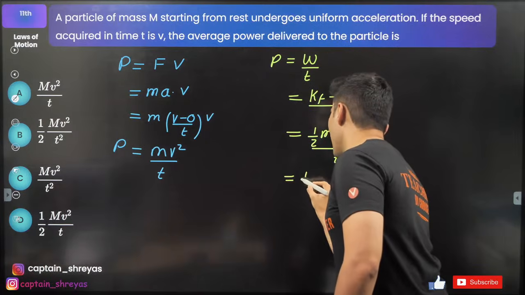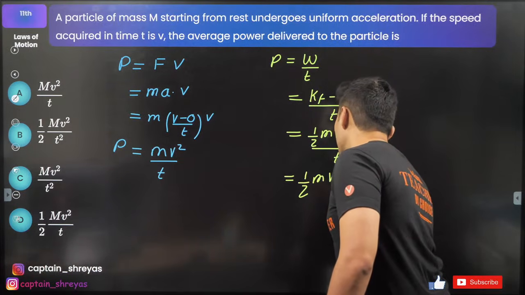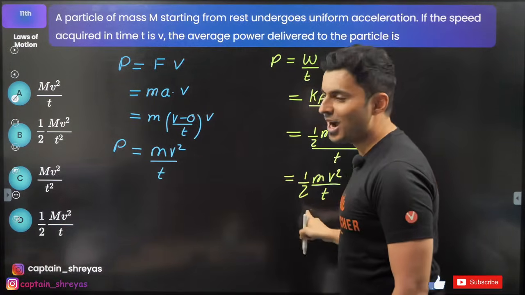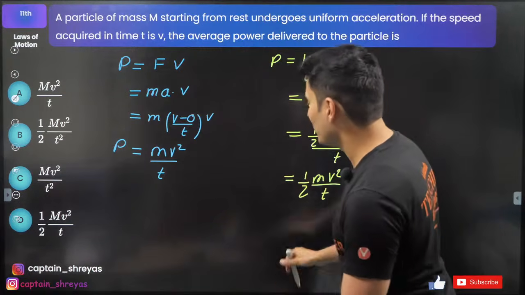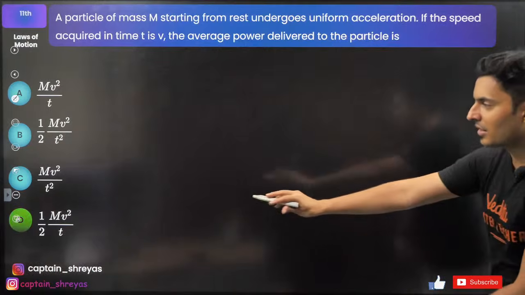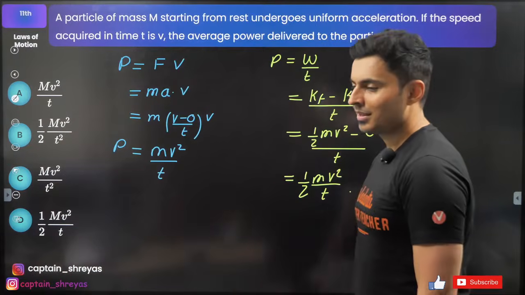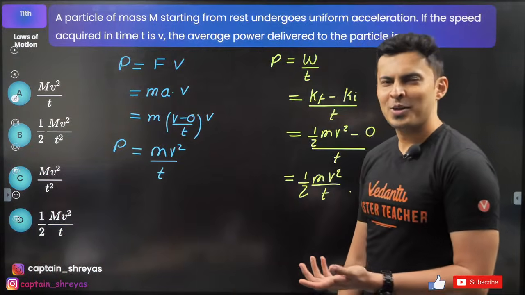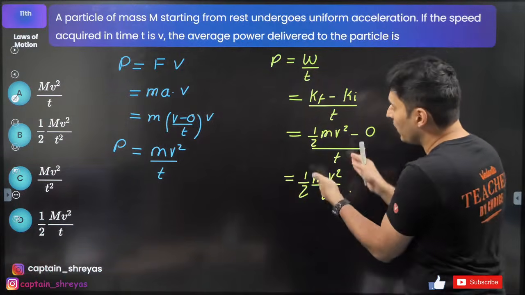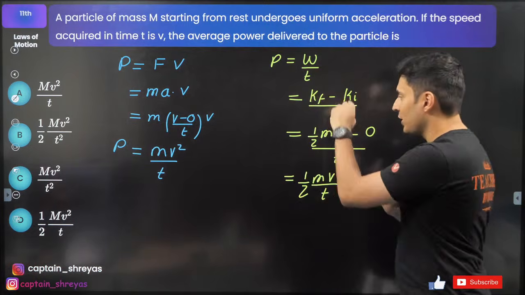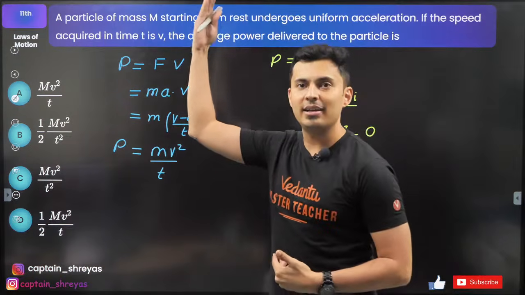So from this I'll get half mv square by t, exactly half of this answer. Let me show you, this is the correct answer. Yeah, this is the correct answer, option D. Now I'll be like, what nonsense? And you would never have thought about it. By mistake you would have done this. Imagine, by mistake you did this and you got it and you would have proceeded ahead.